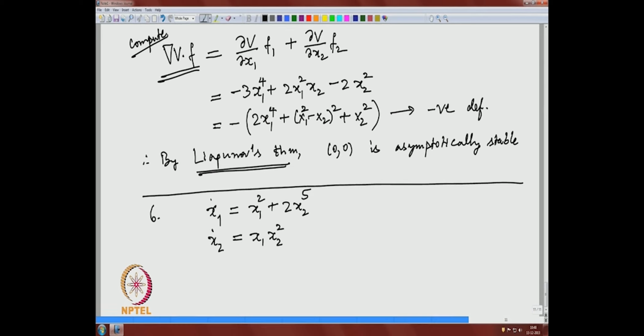Observe that if this 2 x2 to the 5, this perturbation, were not there, this is already an unstable system, and if this x1 were replaced by some positive constant, again the second equation is also unstable. So, we can expect that this 0 0 is the only equilibrium point.